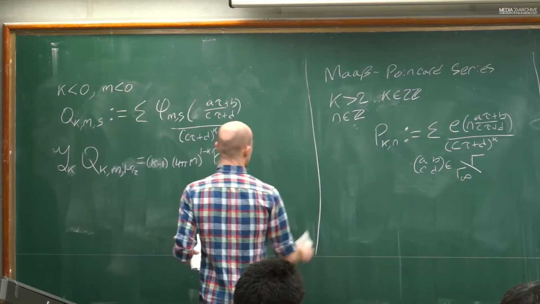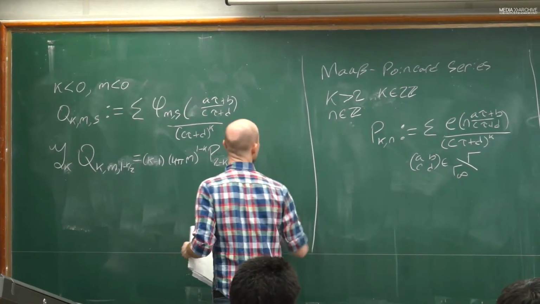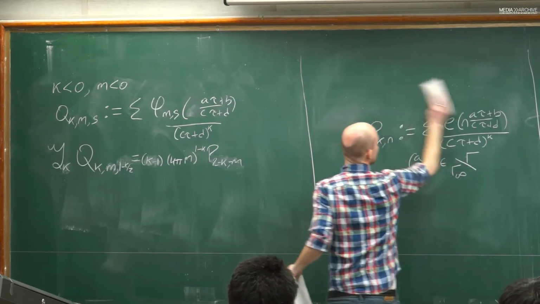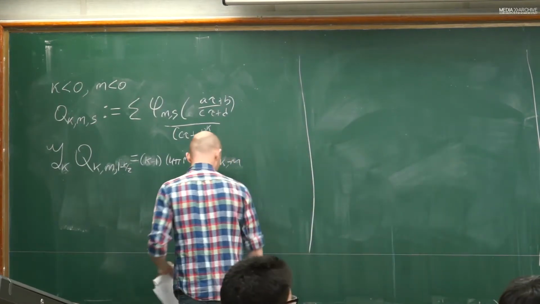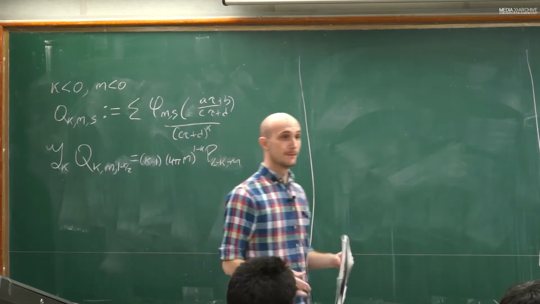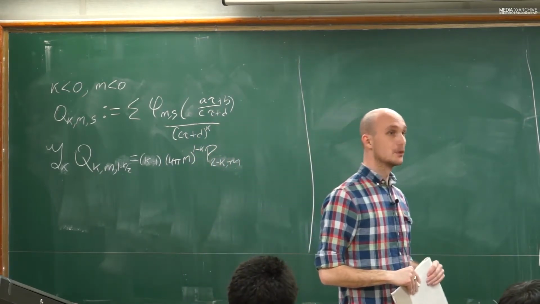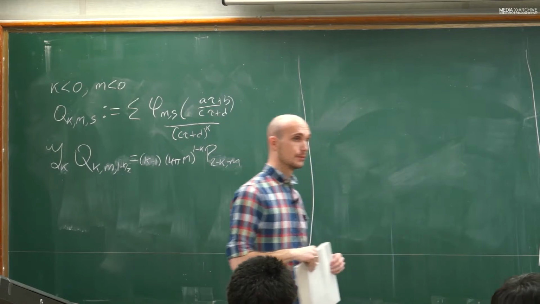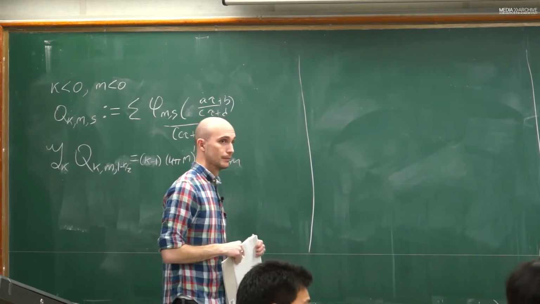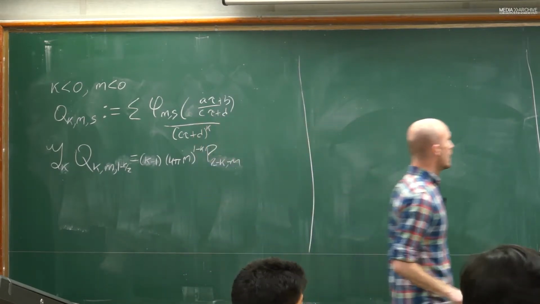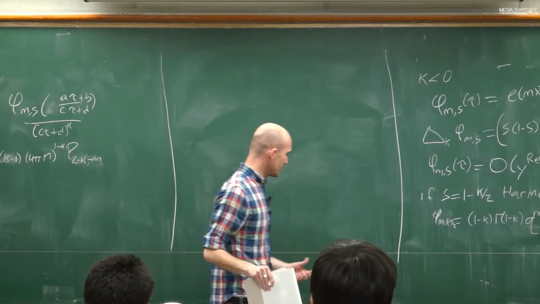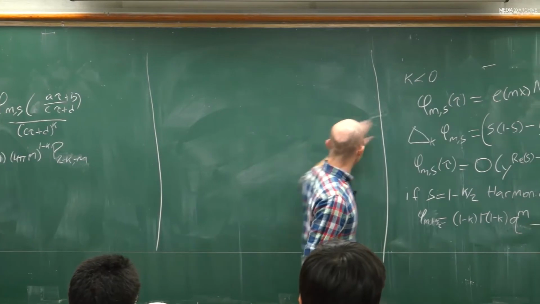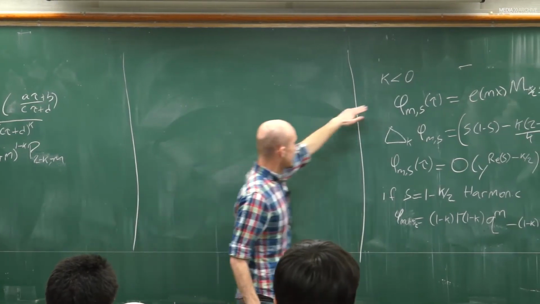The reason this is useful is that this can apply to the things appearing in Monstrous Moonshine. But don't they have k equals 0? Yes, that was a point I just mentioned but brushed over a little. I can do this averaging at k equals 0.